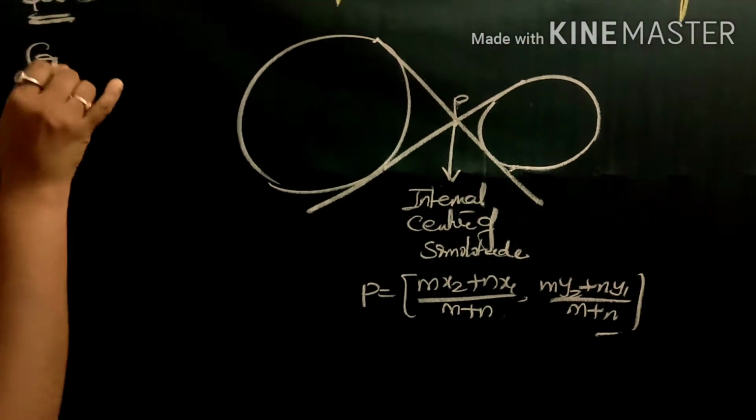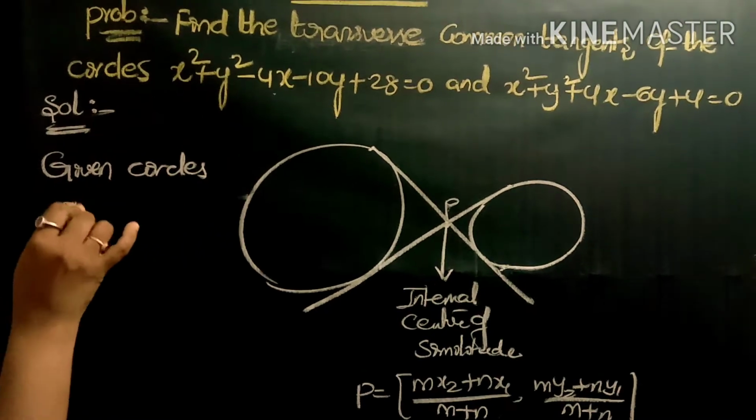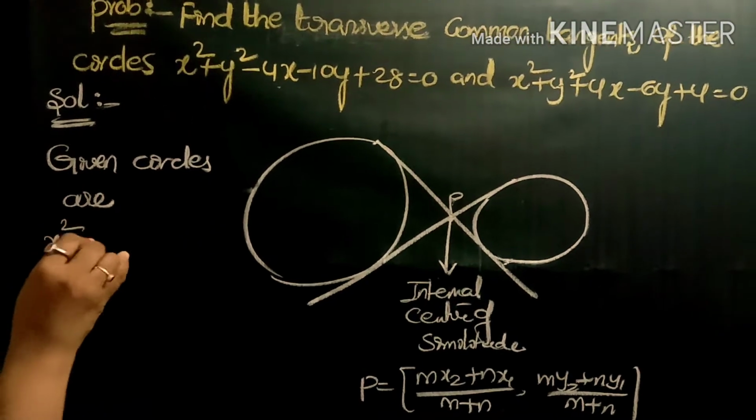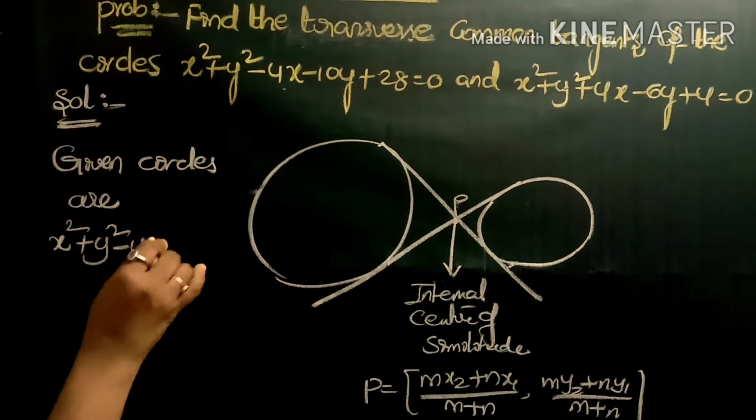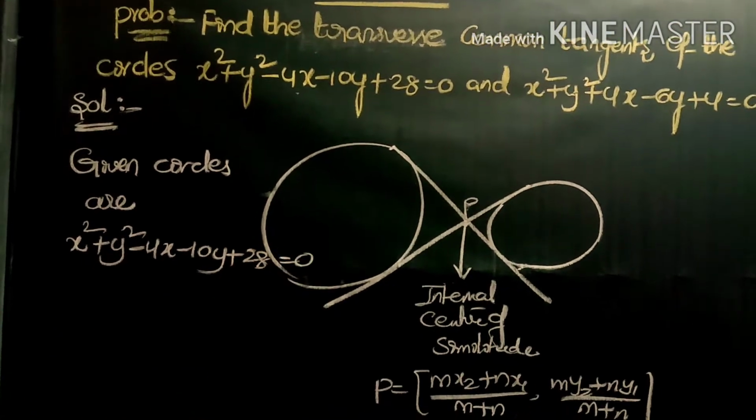So first we are taking the given circles' equations here. The first circle equation is x² + y² − 4x − 10y + 28 = 0.